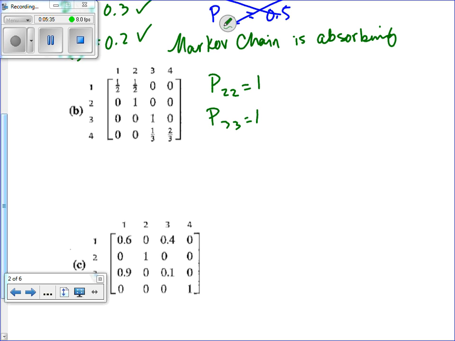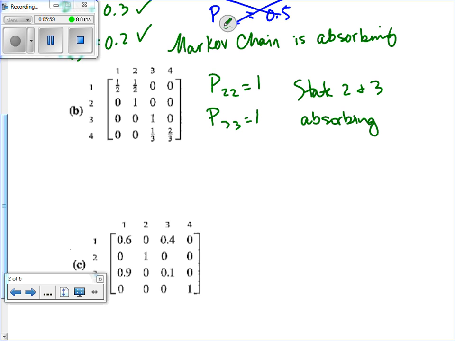And 4 to 4 is 2/3, so that is a non-absorbing state. So states 2 and 3 are absorbing, which means basically they suck everything in there and then you can't leave.